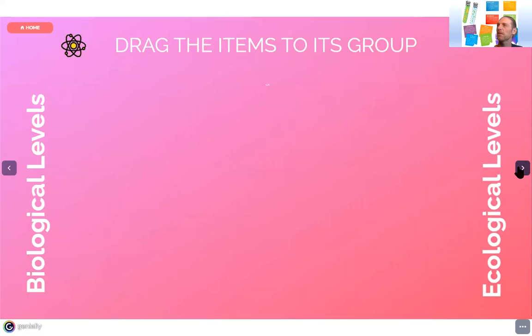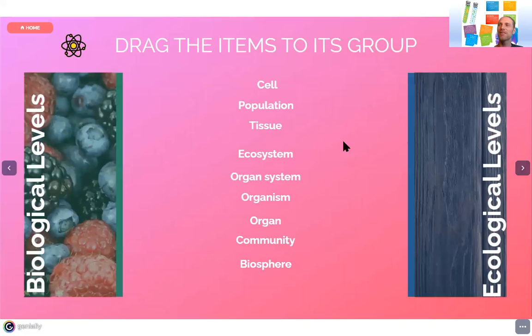Second exercise. We haven't seen this yet, but I think you can do it. What's the difference between biological level and ecological level? So on biological level, you're looking at the individual. On ecological level, you're looking at the position of these individuals on planet Earth. So what is referring to the individual and what is referring to the position within the environment?